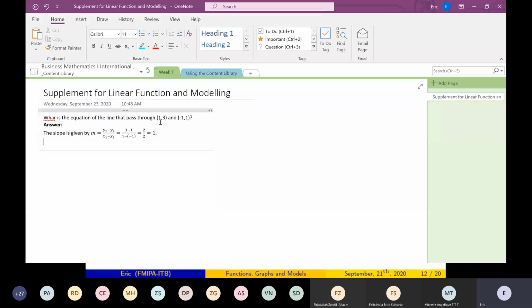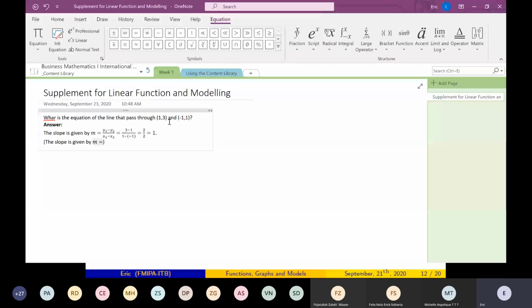And I can do the fast way. The slope m equals: from 3 to 1 you have 2, and from 1 to -1 in x you also have 2, so you get 1.